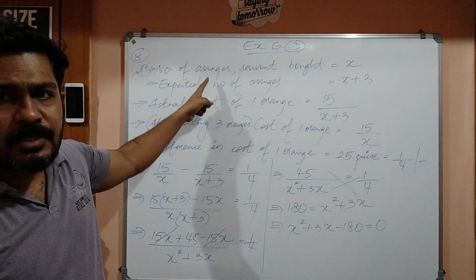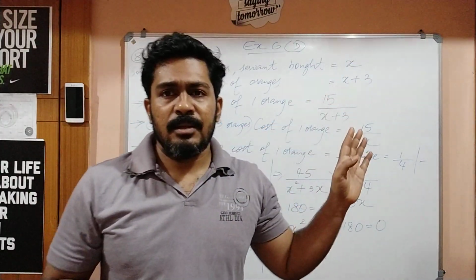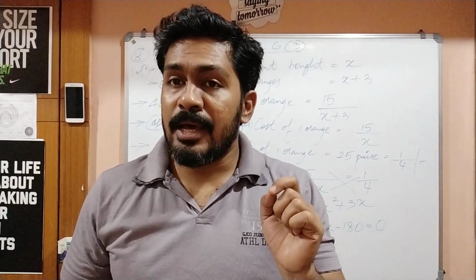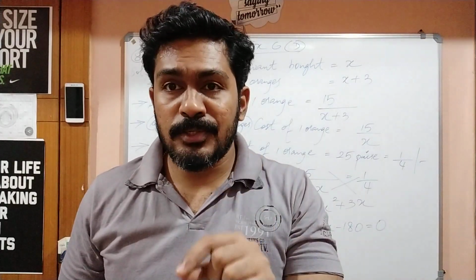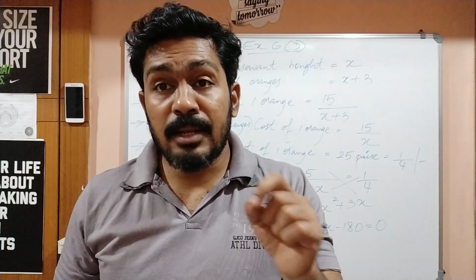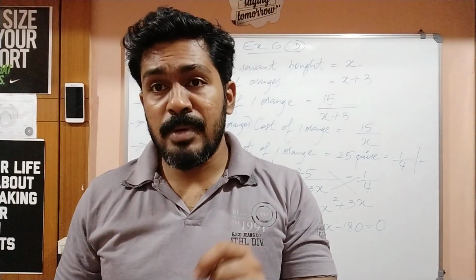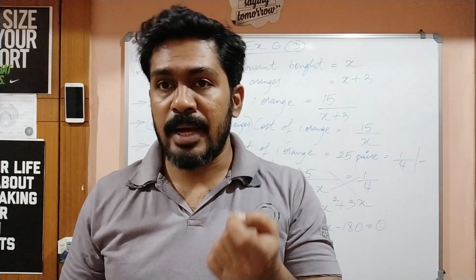The number of oranges the servant bought is equal to X. Children, in the question they have mentioned that you have to assume that the number of oranges that the servant is giving Mr. Mehra should be equal to X. It is mandatory.